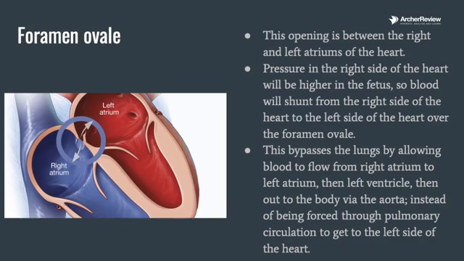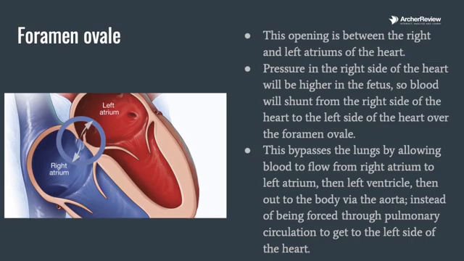And like we said, I'll emphasize it once more, this is because the fetal lungs are not ready to perform gas exchange just yet. They're filled with fluid, they're underdeveloped, and we need to preserve them, wait for the fetus to be born, take its first big breath, and then we will change over to normal circulation. But while we're in utero, this is what we need to do.